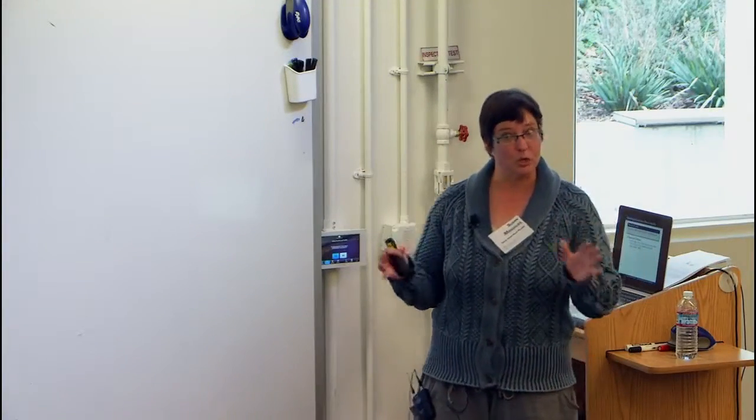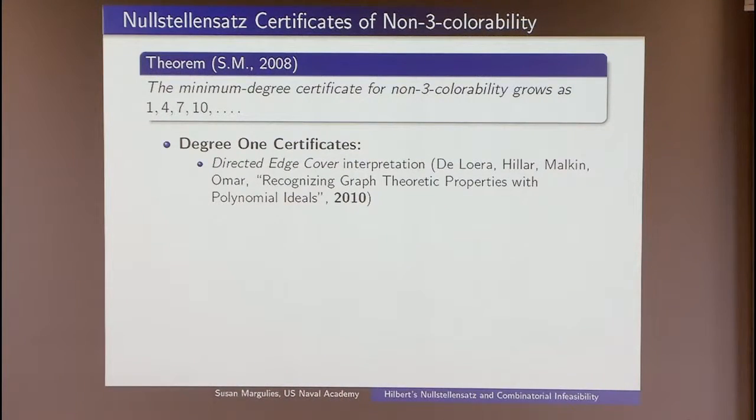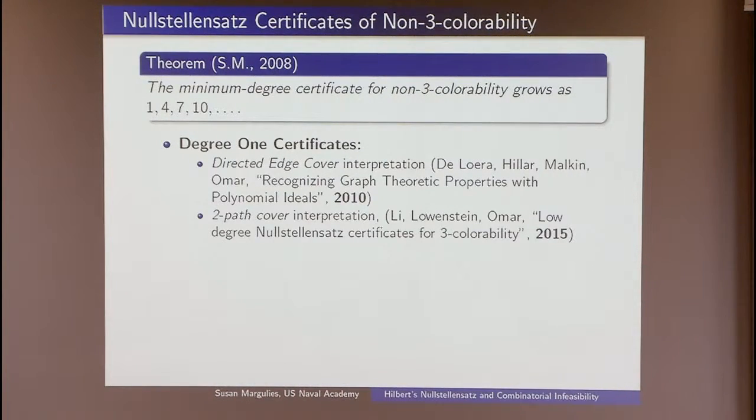So this was a new piece of combinatorics coming out of the algebraic geometry. In 2015, this was tightened a bit, and the directed edges were dropped, and Lee, Loewenstein, and Omar came up with an interpretation just based on 2-paths. So if your graph had a particular 2-path cover, it was a polynomial time solvable instance of graph 3-coloring, which was, again, new.